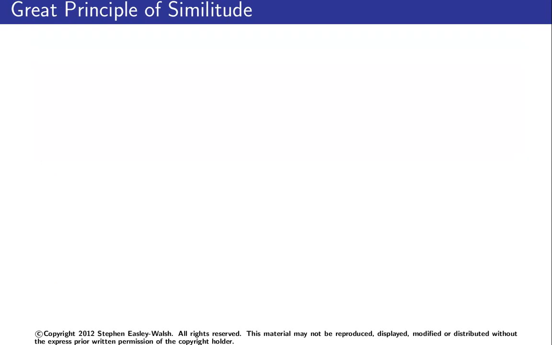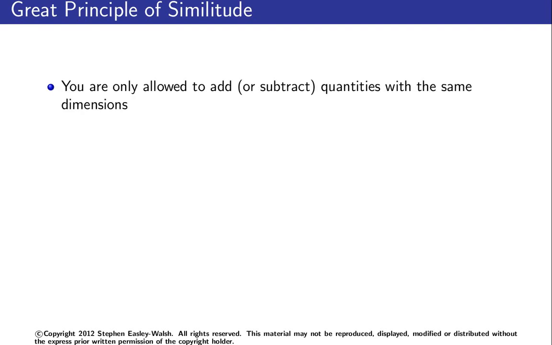Now there's a very useful idea called the great principle of similitude, and this is actually something that you might already know or have been told about in some form or another as early as elementary school. The key ideas in this principle are as follows.